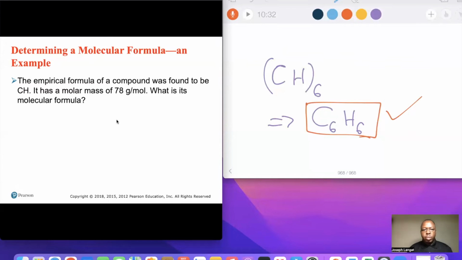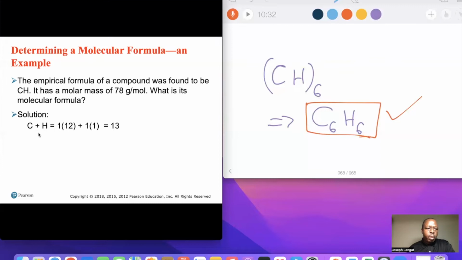So at times you may be asked to determine the empirical formula in part A of the problem. Once you get the empirical formula, you'll be given the molar mass of the compound, and you are asked to find the molecular formula for the compound. So that's what we need to do.